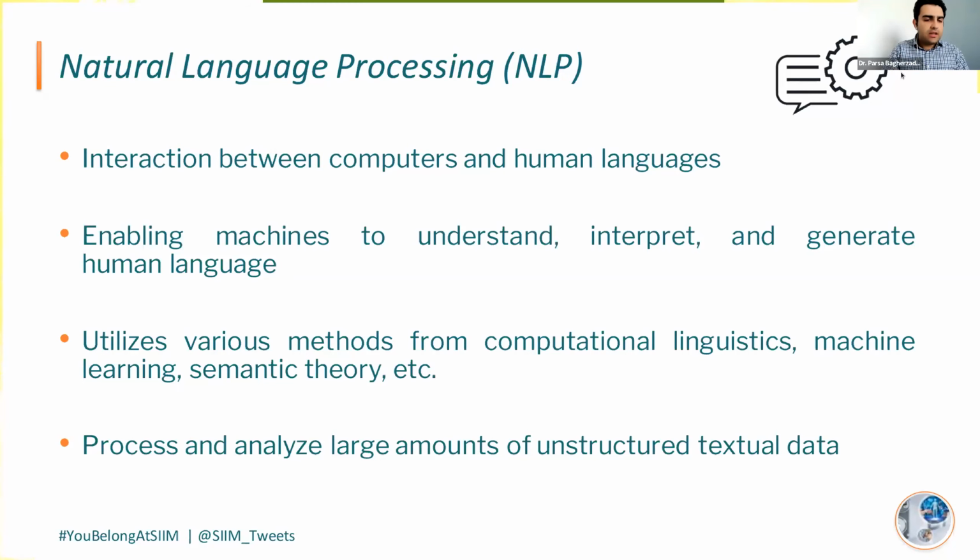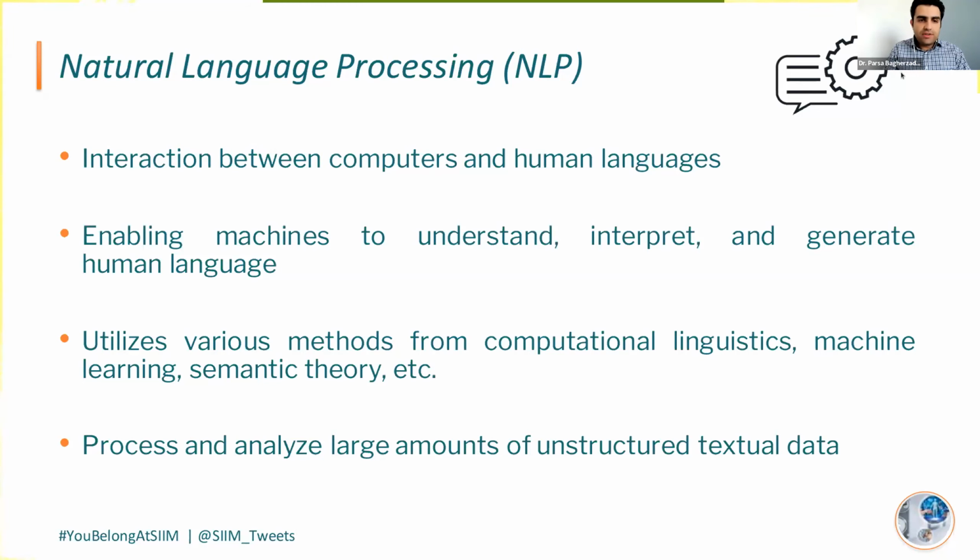NLP uses various methods, from computational linguistics, which involves the linguistic processing of natural language and looking at its linguistic structure, as well as machine learning and semantic theory to interpret text.